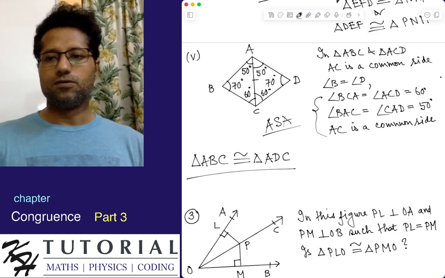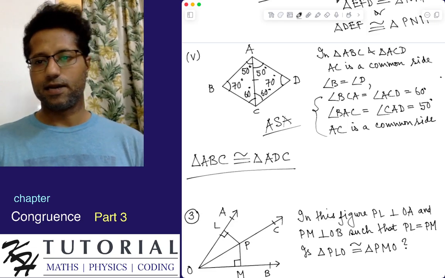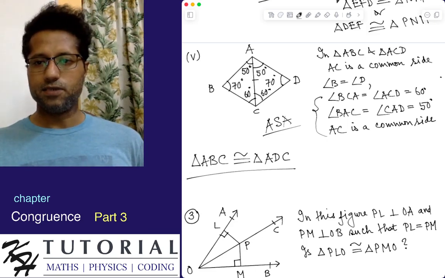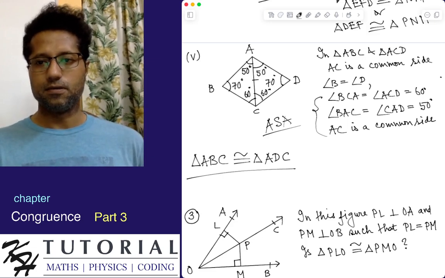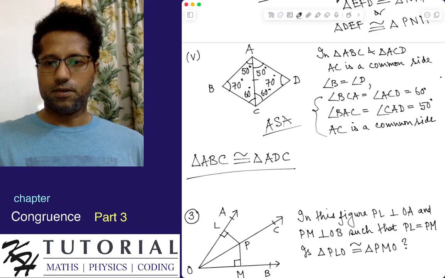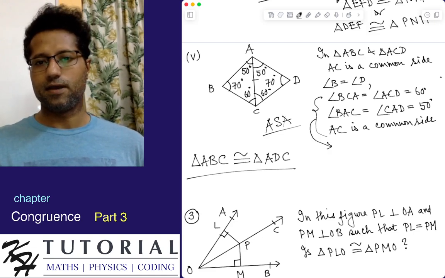Angle side angle. So if we consider the angle side angle, we know that angle BCA is equal to angle ACD. Now, what exactly is angle BCA in triangle ABC?